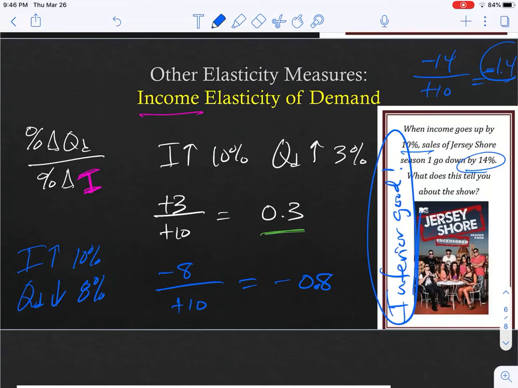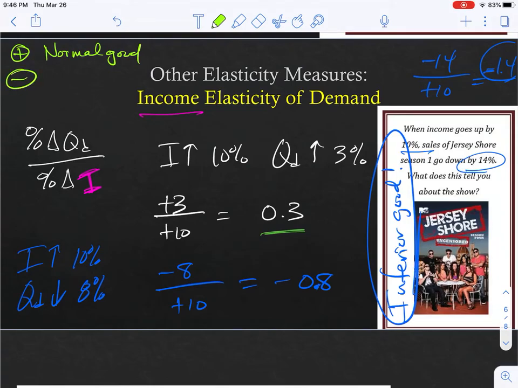But maybe you already knew that, right? Basically, we have this same scenario where the sign gives us information. If you see a positive sign in your result, that suggests that you're looking at a normal good.